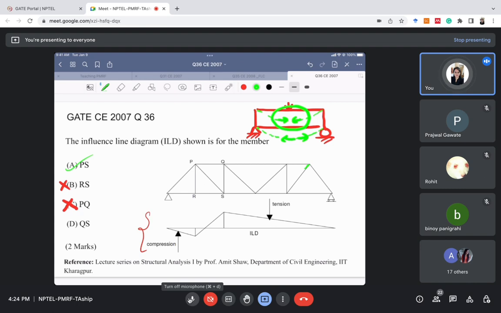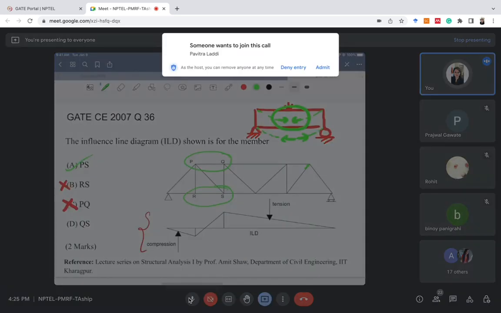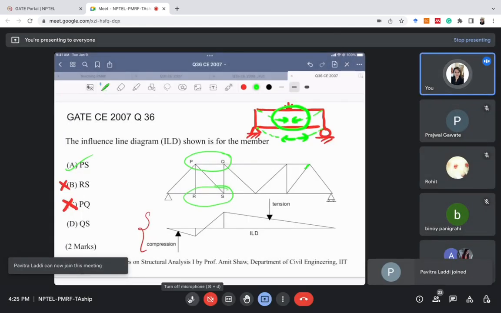For the influence line diagram of trusses, you can rule out the options, because the top chord members will always be under compression and the bottom chord members will always be under tension. So this could not be an ILD for member PQ, and neither could it be an ILD for member RS. Only two options were available to us: member PS and member QS.